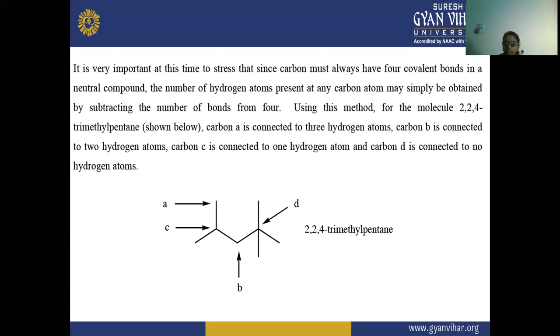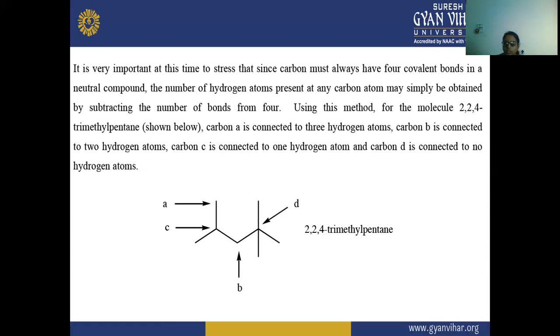We are applying it to 2,2,4-trimethylpentane. Carbon A is connected to 3 hydrogen atoms. Carbon B is connected to 2 hydrogen atoms. Carbon C is connected to 1 hydrogen atom, and carbon D is connected to no hydrogen atom.